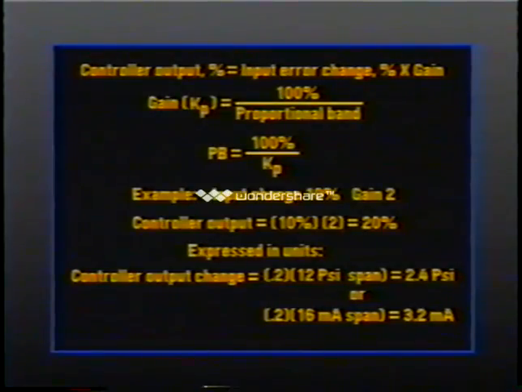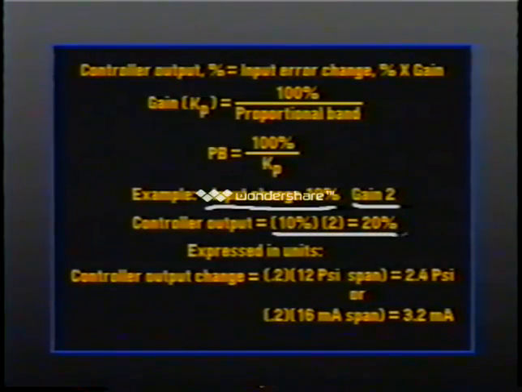For example, if the set point or input is suddenly changed by 10% and the gain setting is 2, the controller output will change by 20%, which is 10% times 2.